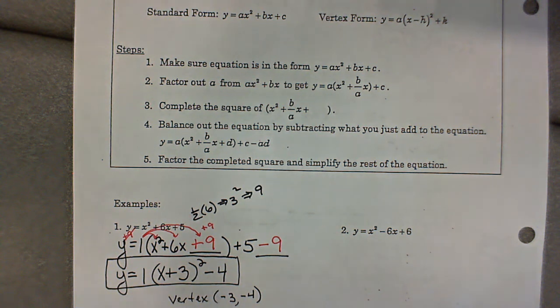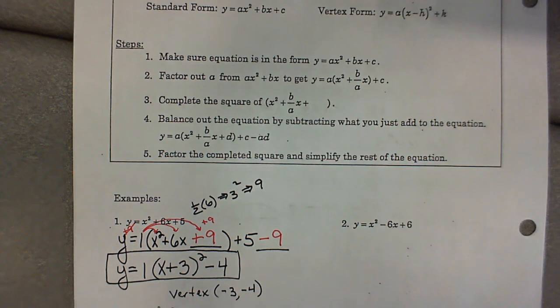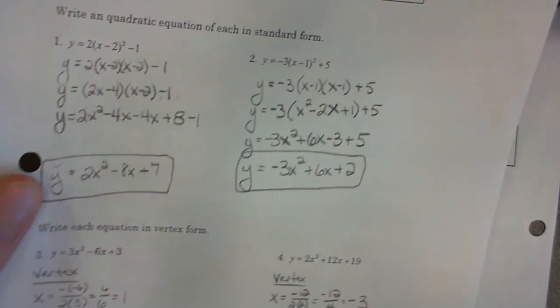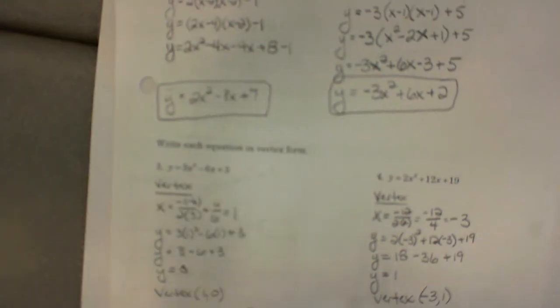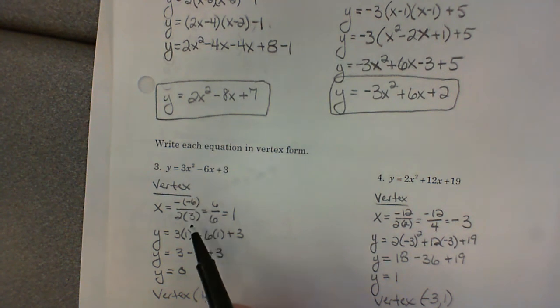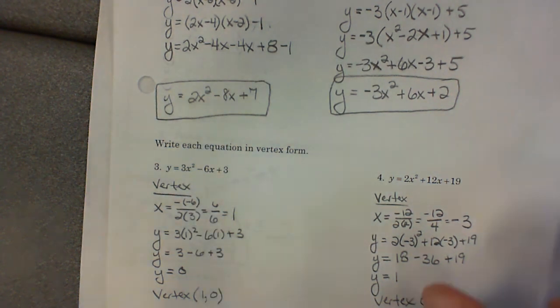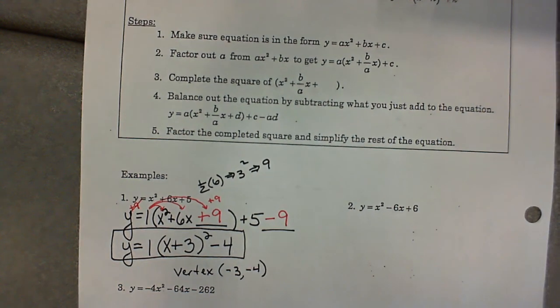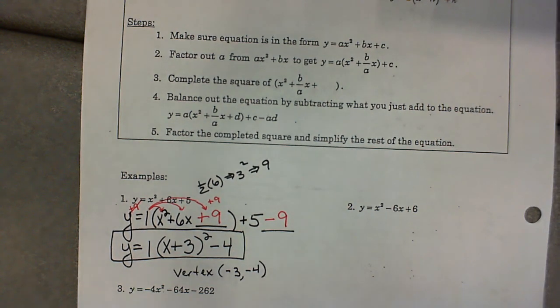So we were able to find our vertex without having to do all the work that we had to do in section 5.3. We had to do opposite of b over 2a and then plug back in to find the vertex. We just found our vertex by this process called completing the square. Okay? So in the next video, we'll do a couple more examples.